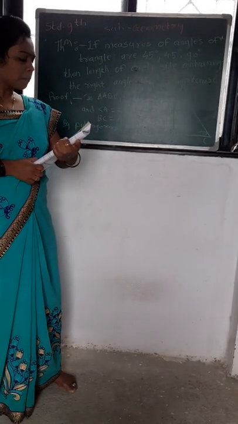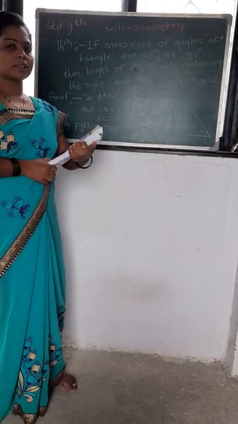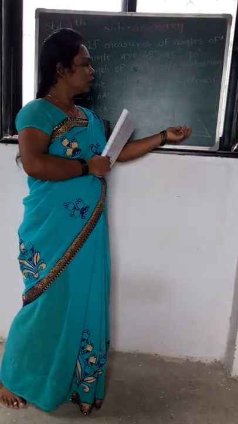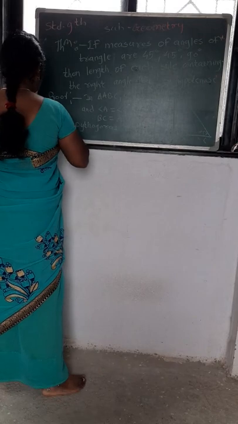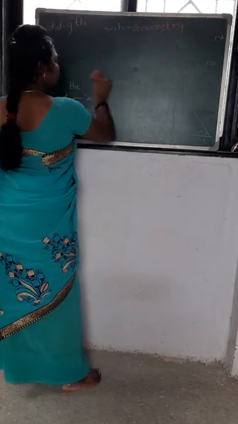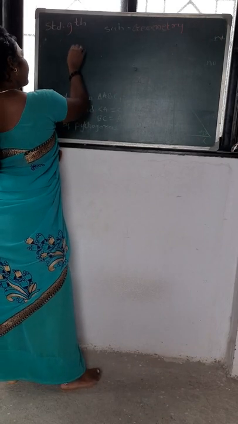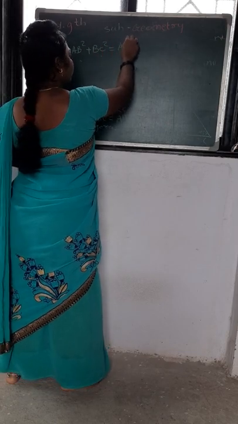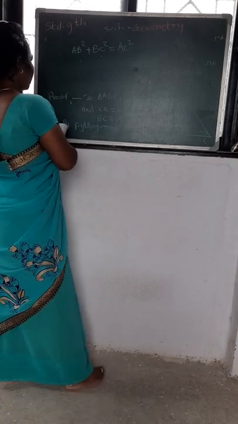In Pythagoras theorem, the formula is: first side square plus second side square is equal to hypotenuse square. Then by Pythagoras theorem, AB square plus BC square is equal to AC square.